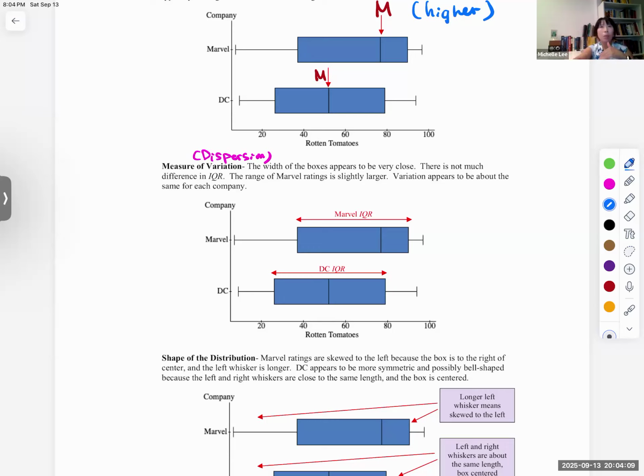The interquartile range is similar, right? And then we can see that the whiskers, Marvel has longer whiskers, right?